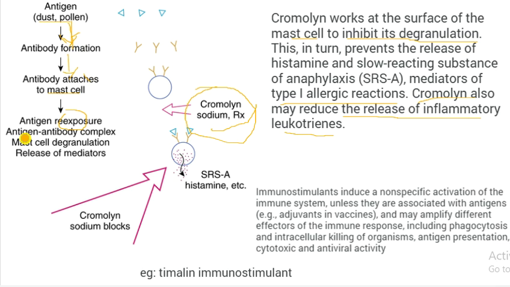The re-exposure of antigen will form an antigen antibody complex and leads to mast cell degranulation and release of mediators. And this release is stabilized by cromolyn sodium. That's why we are showing this. Cromolyn sodium blocks the degranulation.